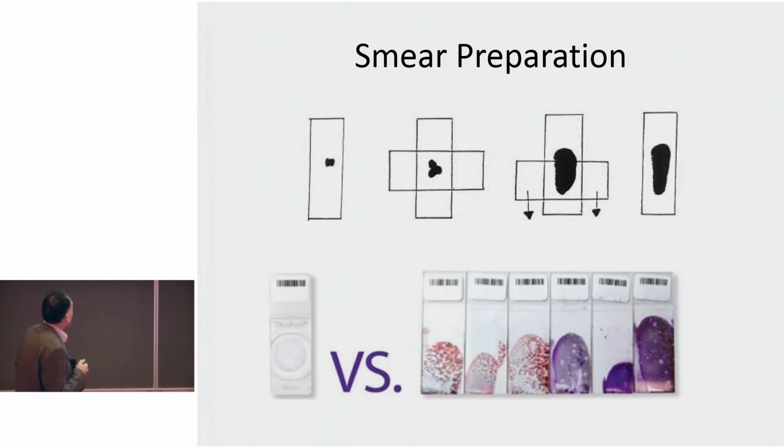Whereas this is a ThinPrep slide, the similar thing you'd get with a Cytospin, you tend to get a more evenly distributed set of cells which are less obscured by other material and therefore easier to interpret.